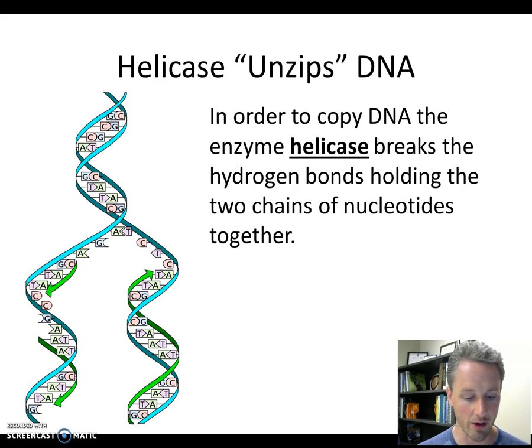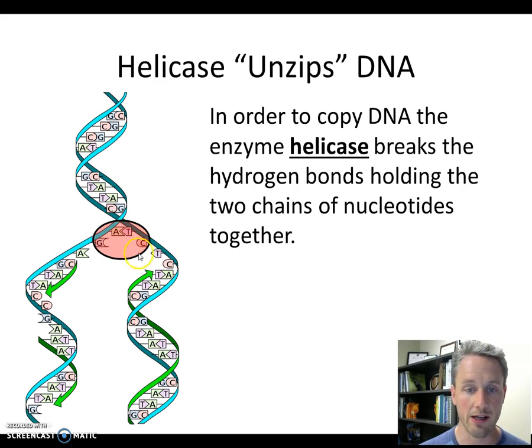So on this diagram, if I wanted to illustrate where helicase is and what it's doing, I would highlight this area right here. And I would tell you that helicase just broke apart this GC complementary base pair, unzipping the DNA. Next, helicase will break apart this AT complementary base pair. And then helicase will keep moving upwards on this DNA molecule, unzipping these complementary nucleotides as it goes.